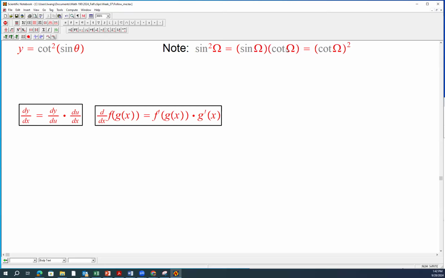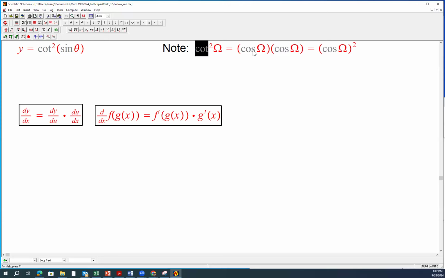Sine. It's also the same for cosine. So you got it, right? Cosine, they all mean the same thing. So that's notation. Let's go back to cotangent.